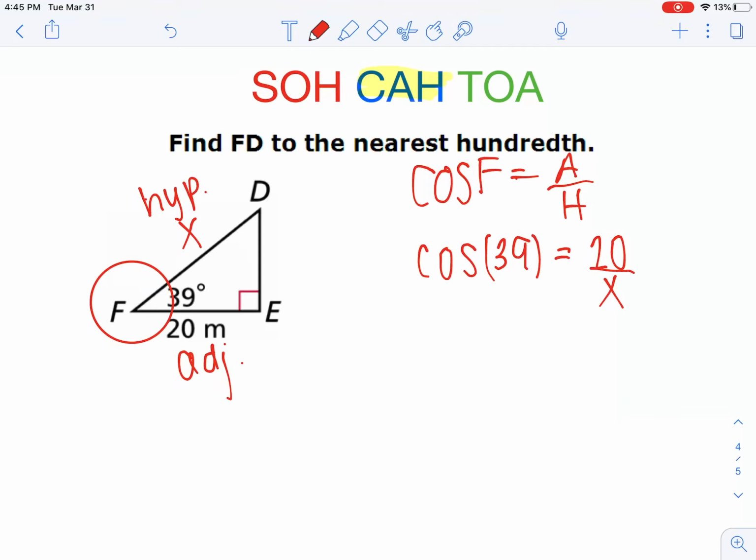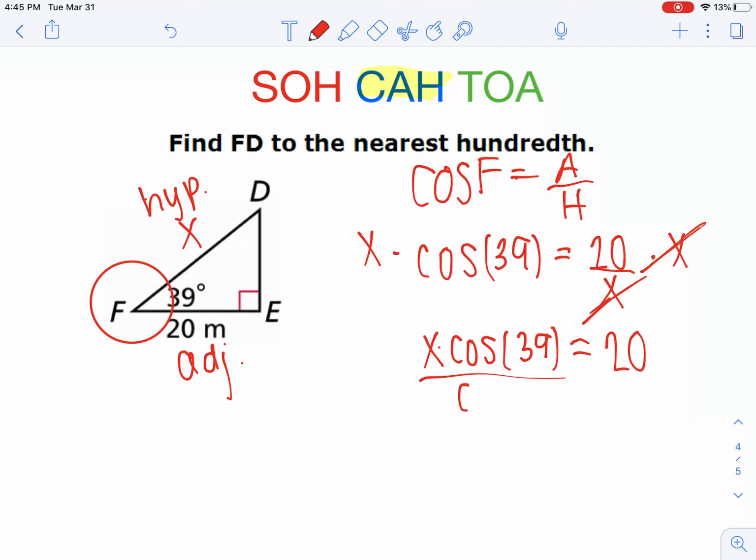We're still going to use the same process to start, so we're going to multiply by that denominator on both sides. So we're multiplying by X. That way we can get the X out of the bottom. Now we have X times cosine of 39 equals 20. Now if we want to get rid of that cosine 39, we need to divide on both sides.